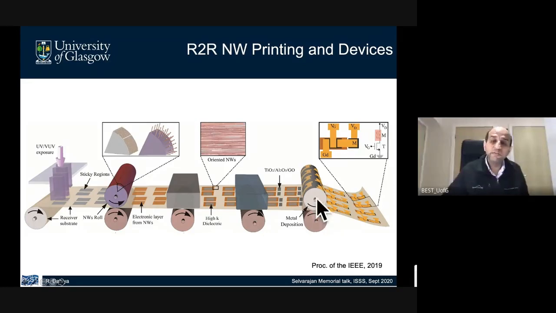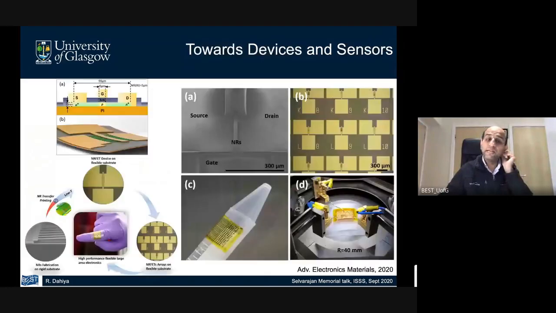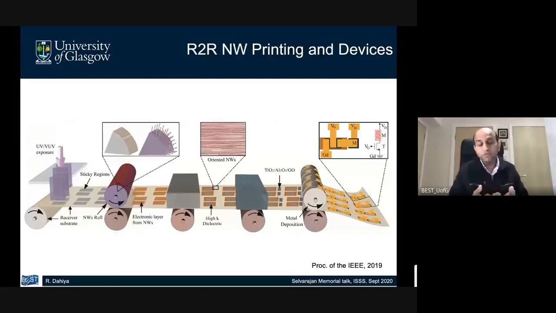That way you can realize it, and then metal can be printed. Now metal printing these days, for example in my lab we have a super inkjet printer which can print 1 micrometer lines. Those resolutions are available nowadays, and with that you can have high mobility material, shorter channel length, and by printing you can still achieve high performance devices.